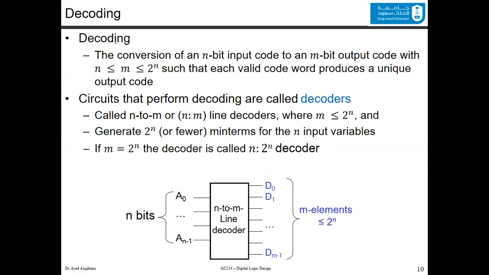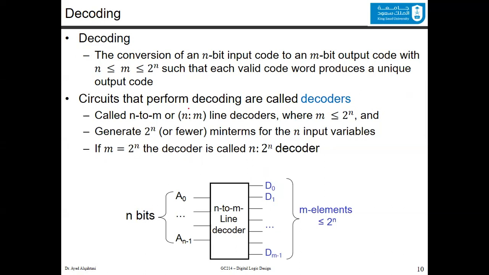The idea of decoding is the conversion of an n-bit input code to an m-bit output code, where m is between n and 2 to the power of n, such that each valid code word produces a unique, distinguished output code.